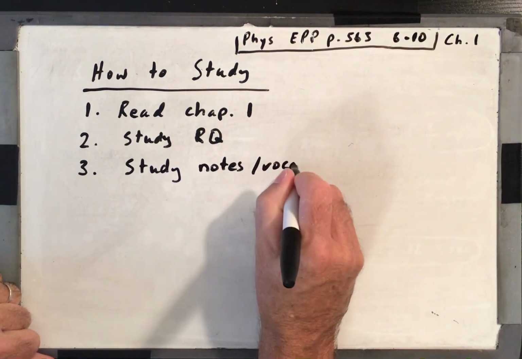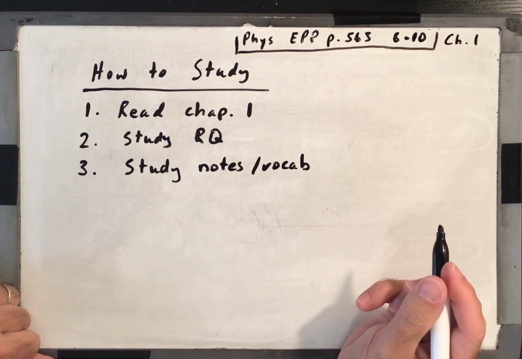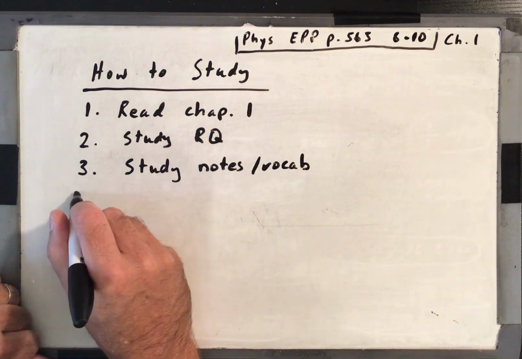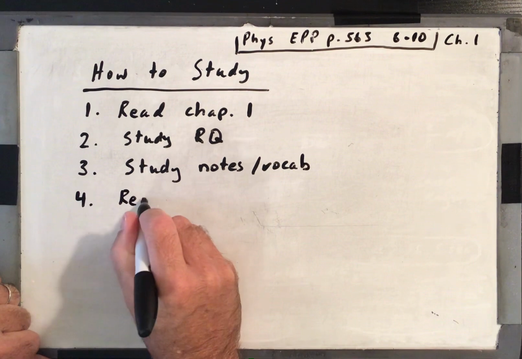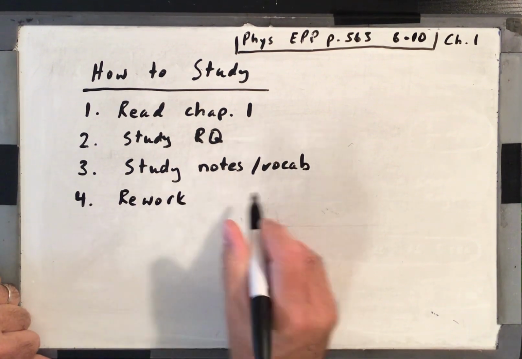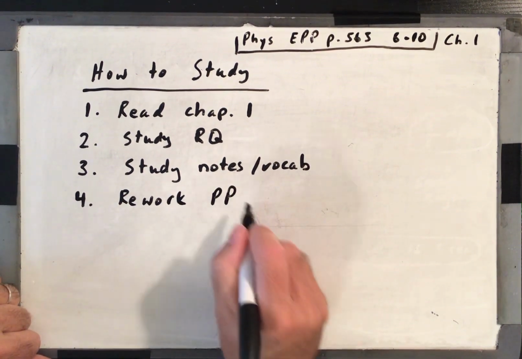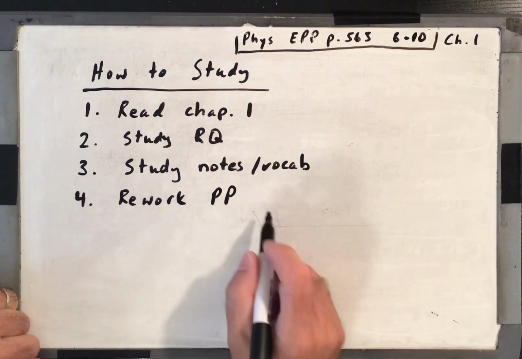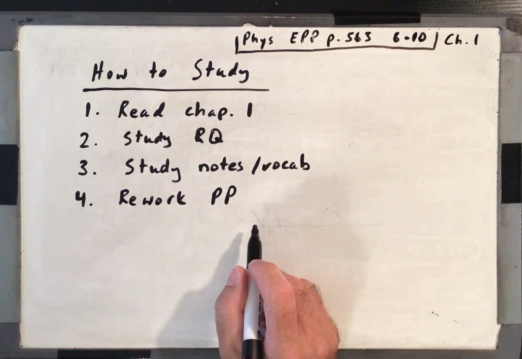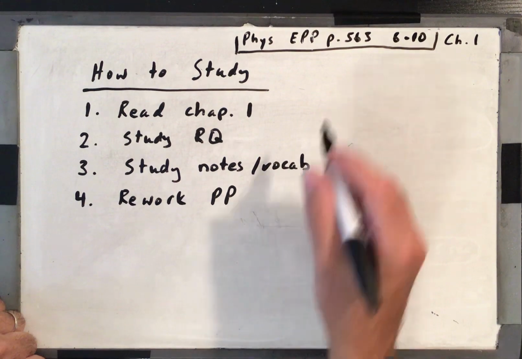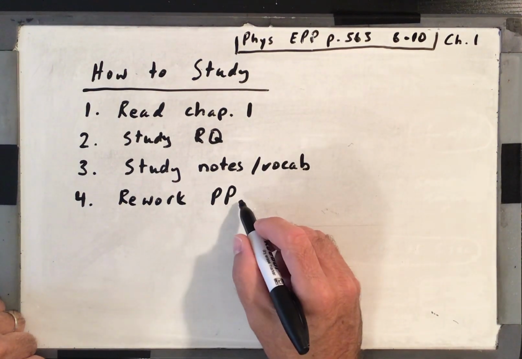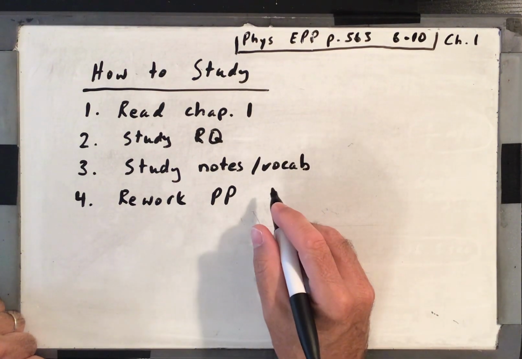The vocab. Then I would rework the practice problems. You just worked the extra practice problems, but since it's maybe been a few days, try those again. If you're not real sure about the extra practice, you can always rework the extra practice problems as well.